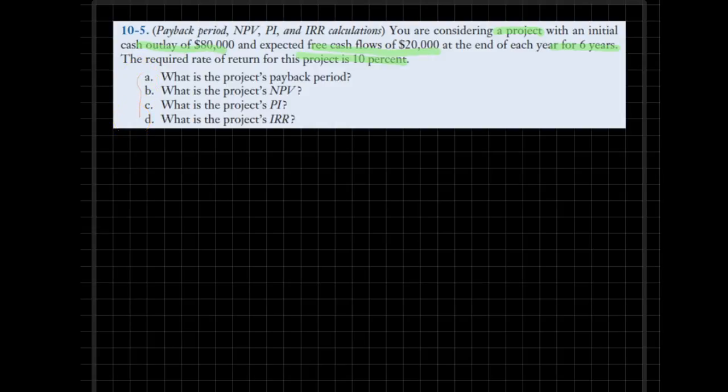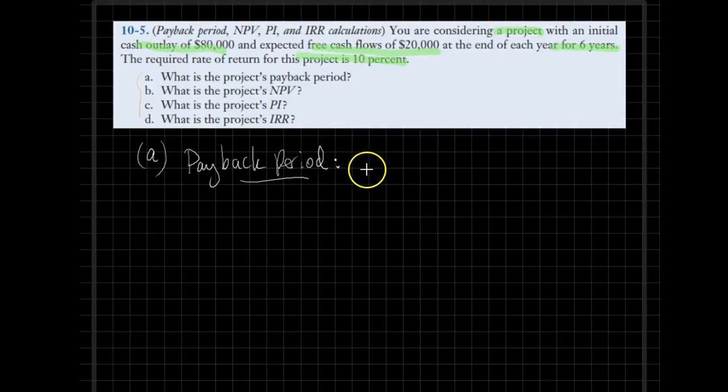So let's begin with the first method. In part A, the question is asking for the payback period. Payback period is just focusing on how long it will take to recover our initial investment.